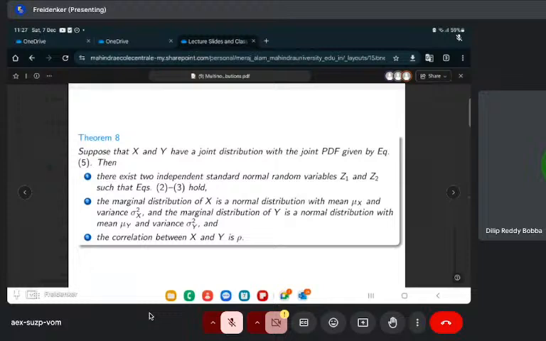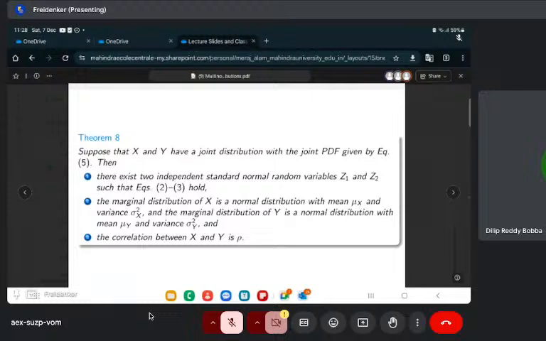X is sigma x z1 plus mu x, and y is sigma y times, in the brackets, rho z1 plus under root 1 minus rho square into z2, and outside the brackets plus mu y. If we can represent x and y in this form, we can say Z1 and Z2 follow the standard normal distribution, and Z1 and Z2 are independent. So that is one theorem.